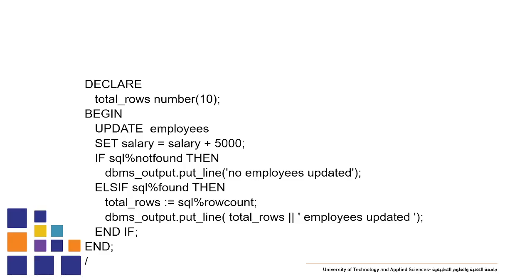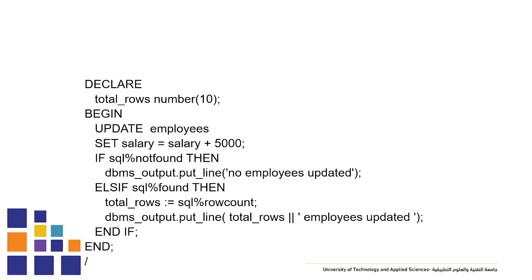If we discuss all of these, SQL%NOTFOUND is a boolean attribute that checks if the update statement affected any rows. The second one, SQL%FOUND, is another boolean attribute that, if true, means at least one row was affected by the update operation.